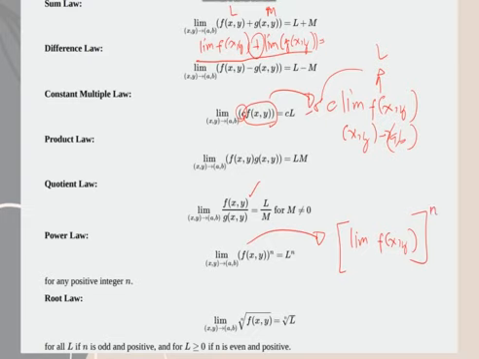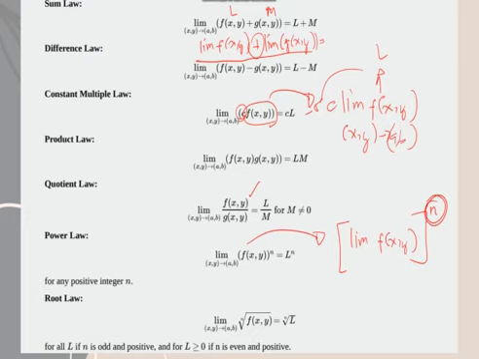Or you can also apply the exponent first before taking the limit. However, that has a disadvantage. If you apply the exponent first, your function will expand, becoming bigger and longer, which would complicate your problem. So you are safer if you apply the exponent later.